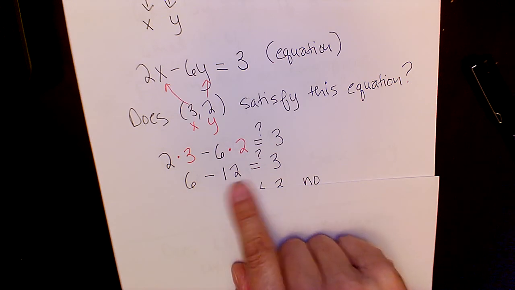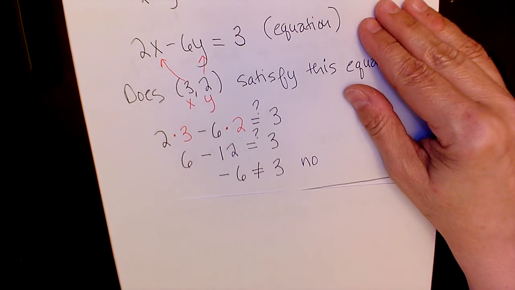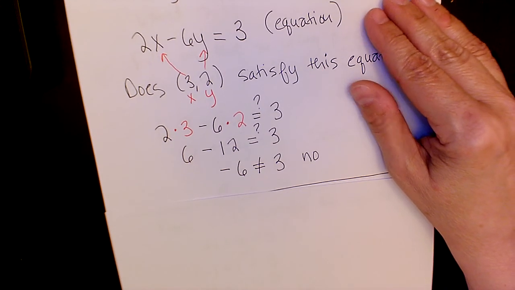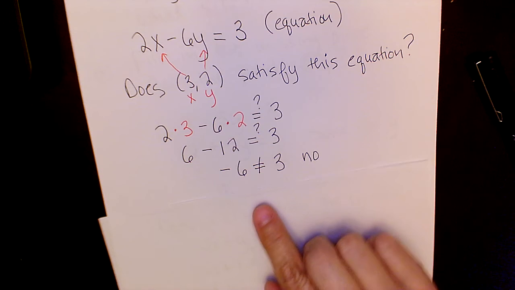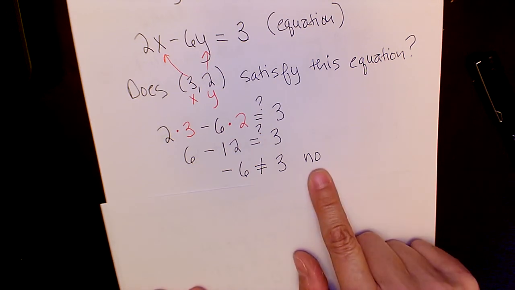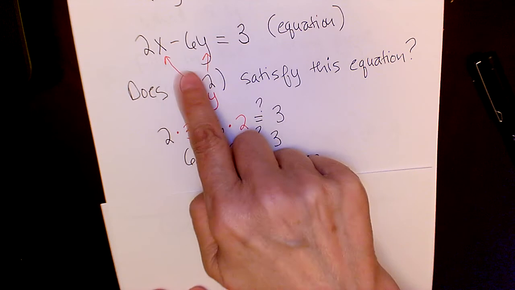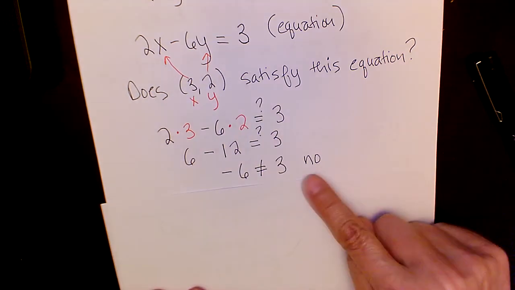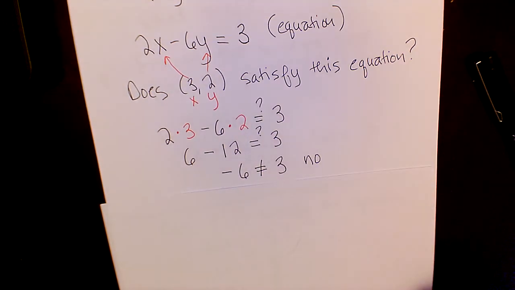Is 6 minus 12 going to get me to 3? Well, 6 minus 12 is negative 6. So negative 6 does not equal 3. So this is a big fat no. This point does not satisfy this equation. I need both sides to come out equal, and they do not.